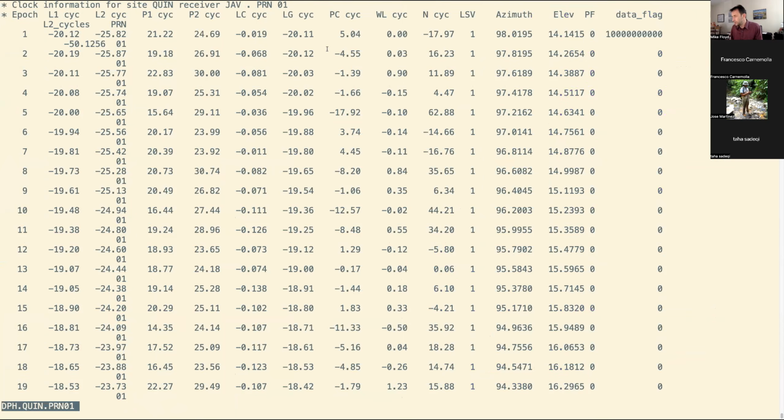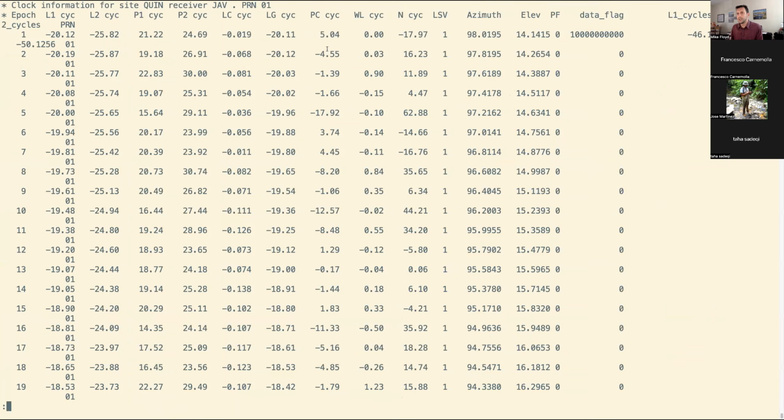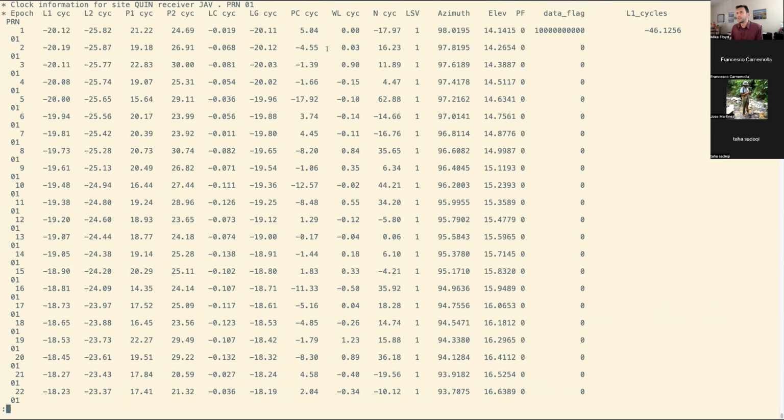Here, I'm going to reduce my text size a little bit so that we can see everything on one line. And so here we have the L1 cycle and the P2 cycle, the LC, which is the linear combination. And the elevation, angle, and azimuth help plot these things.